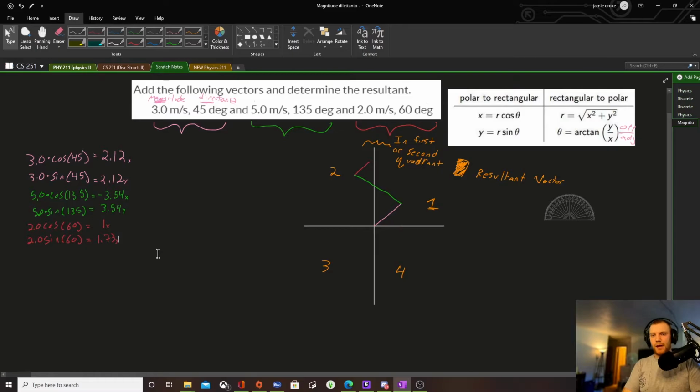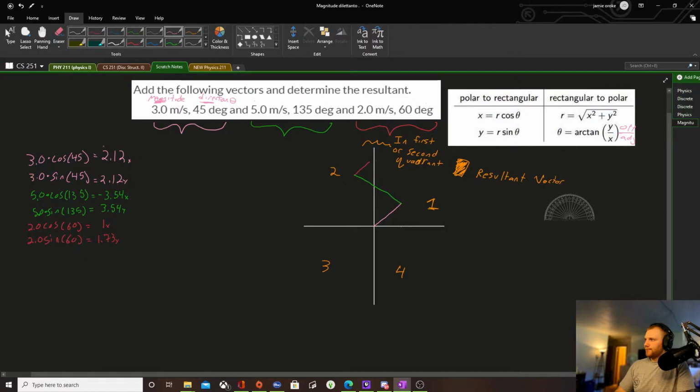So now we have our Cartesian coordinates, and we're just going to add them together. You simply add all the x's together and then separately add all the y's together, and you've gotten your resultant x and your resultant y.